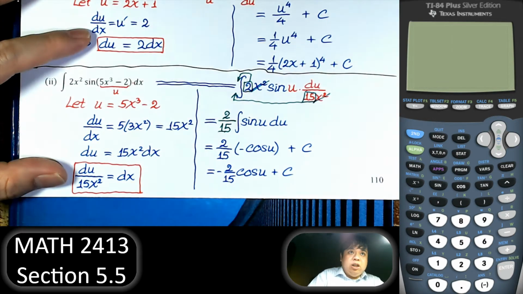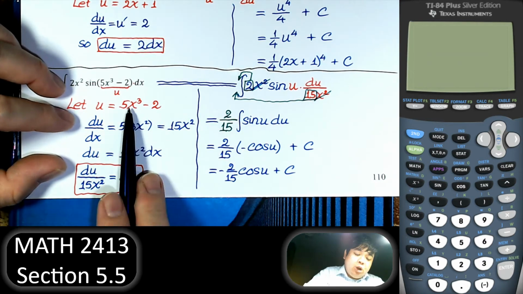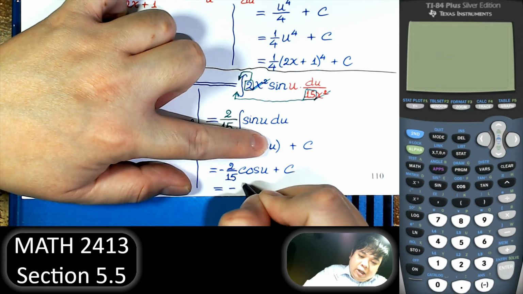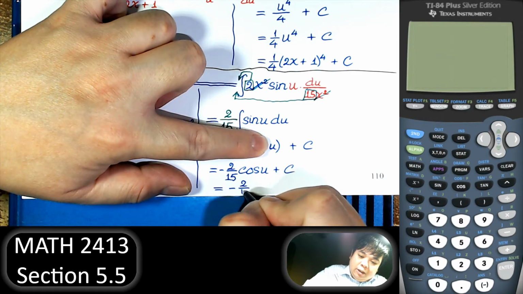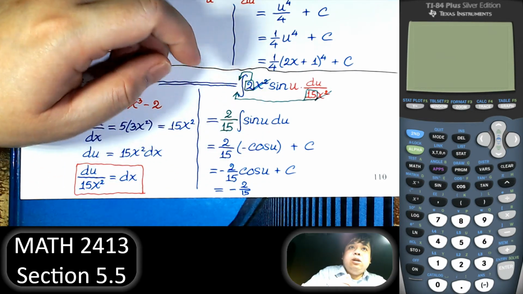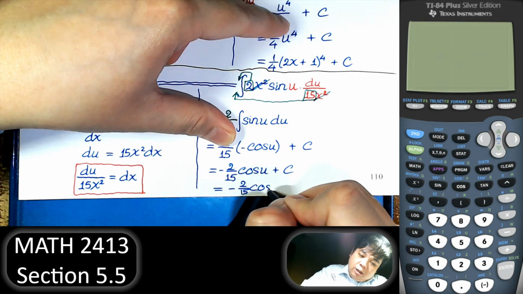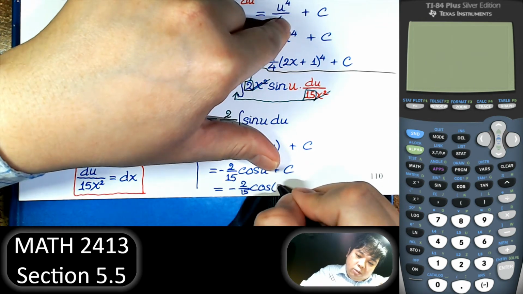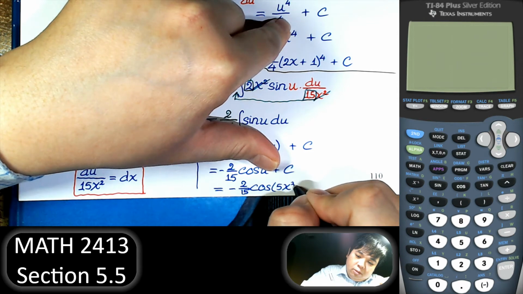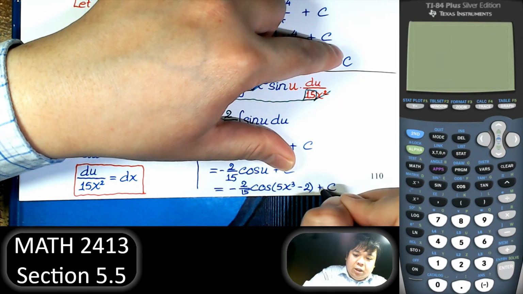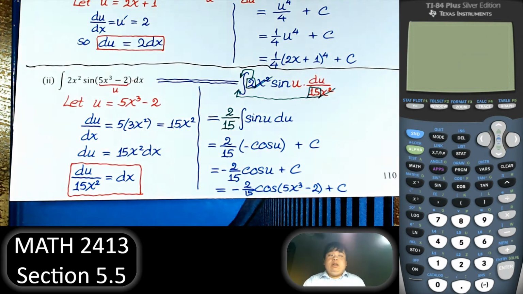And then finally u is 5x cubed minus 2. So the answer is negative 2 over 15 cosine of 5x cubed minus 2 plus c.